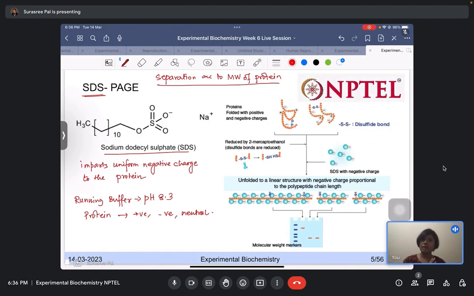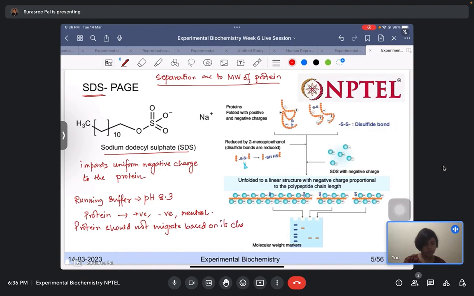To eliminate this charge factor, the protein should not migrate based on its charge.